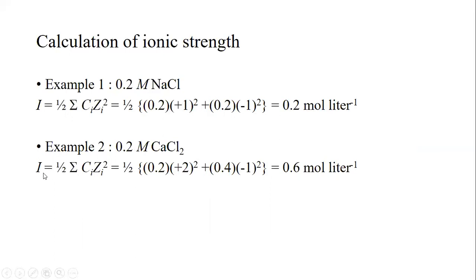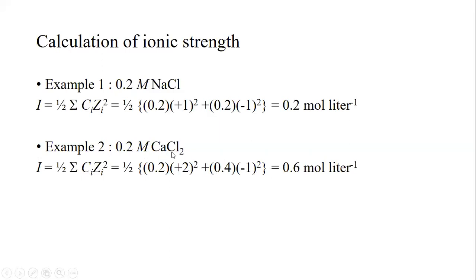So again, we put the same equation. I equals half summation of Ci Zi squared equals 1/2. Don't forget the half. You open big parentheses, open inside parentheses, 0.2 mole per liter for calcium, multiplied by +2, which is the valence of calcium, divalent, +2, close the parentheses, squared, plus 0.4, which is the concentration of chloride.